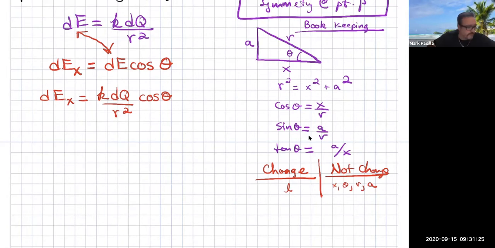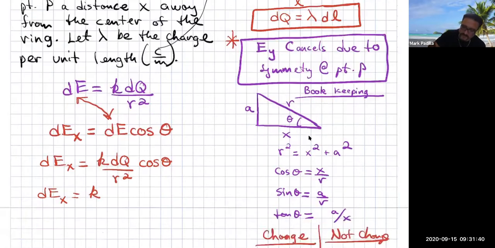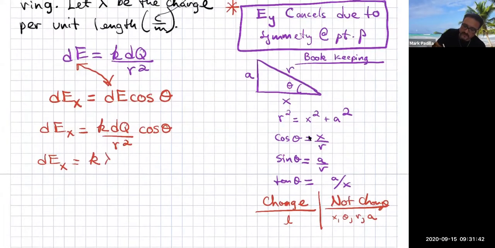So let's go ahead and finish this off. dEx is equal to k. Now dq, this is where we use our lambda dL to make it all come together. Lambda dL over r squared cosine theta.